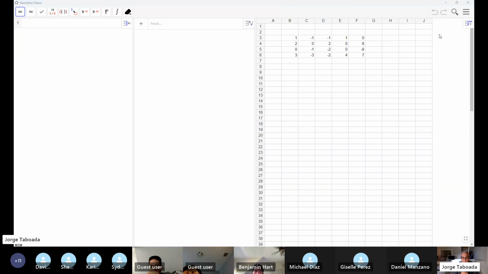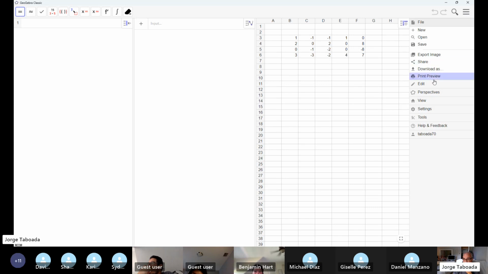Now, when you open the algebra the first time, you don't see it like this. You see it a little bit different because the algebra has different windows. For example, you go to these three lines and you select view.